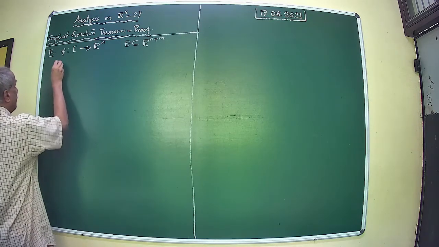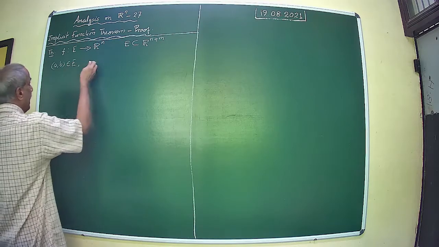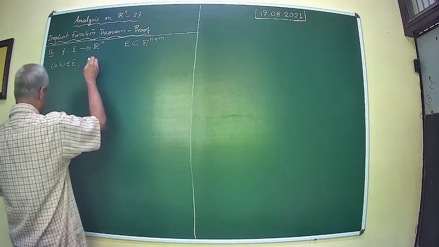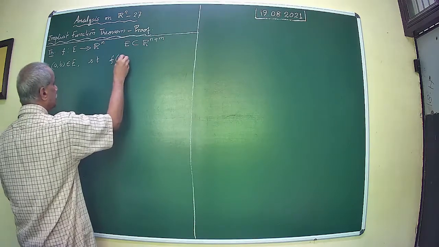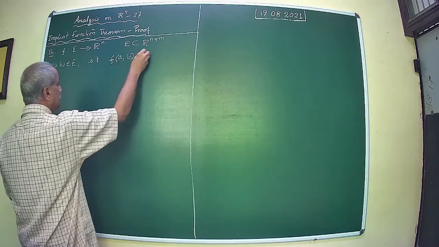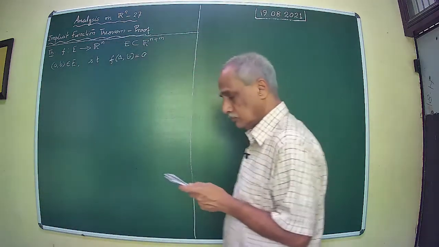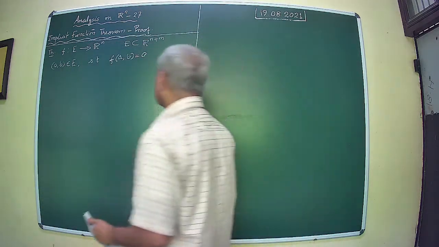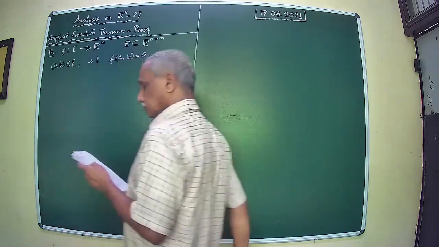We take (a,b) belonging to E such that f(a,b) = 0 for some (a,b) belonging to E.